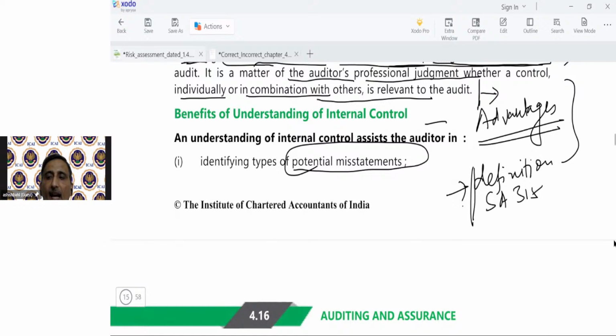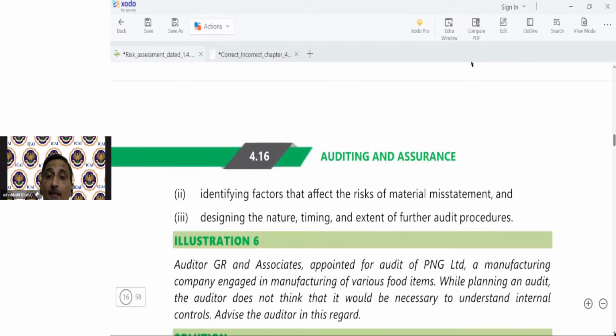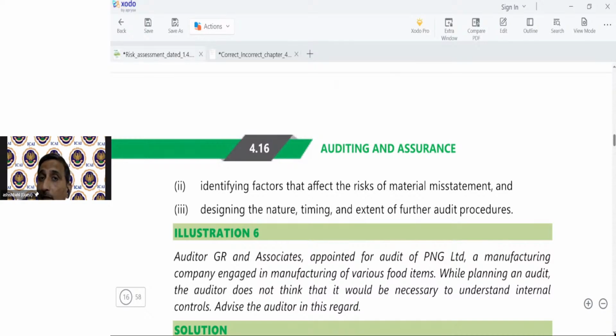So it helps the auditor in identifying potential misstatements. Even if a control is found deficient, there is a possibility that misstatements might not happen. But it gives an opportunity to the auditor to identify what kind of misstatements can occur because the control is weak. Okay, clear?